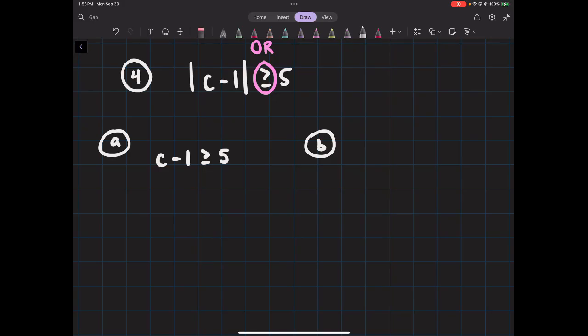C minus 1, negative 5. Wait, isn't it opposite? Not fraction, but the sign. Which way is it pointing? This way. Good.